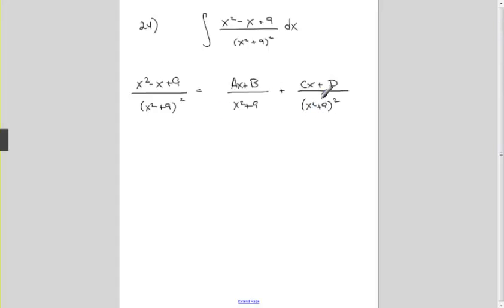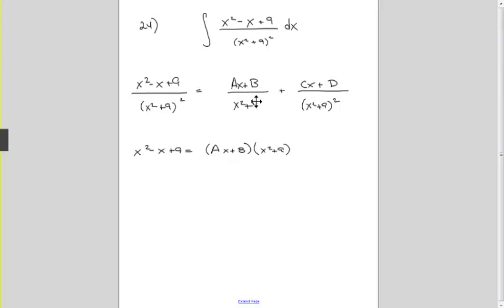Okay, what we have is this term already has the same common denominator that we're looking for. But this one needs to be multiplied by x squared plus 9 again to get x squared plus 9 quantity squared. So what we'll end up with is the left-hand side numerator, and then we'll have ax plus b times x squared plus 9.